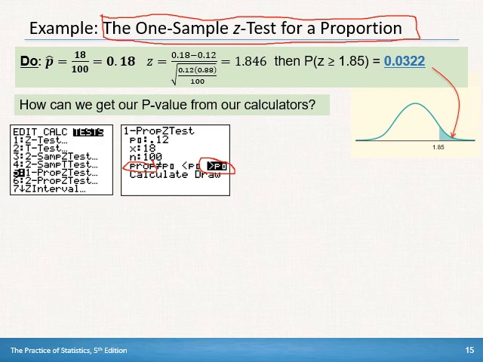So we want the proportion greater than 0.12. So we're choosing that last one. Okay, so that's how we decide which of those things we choose.